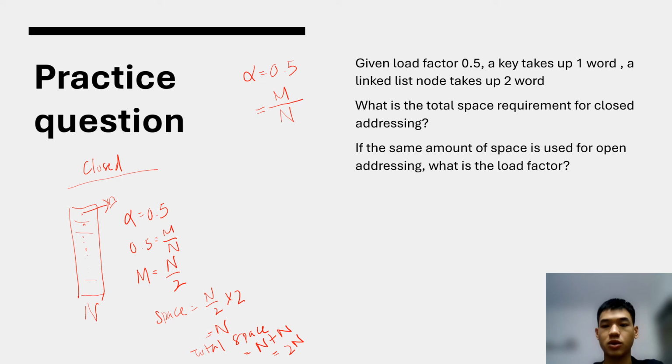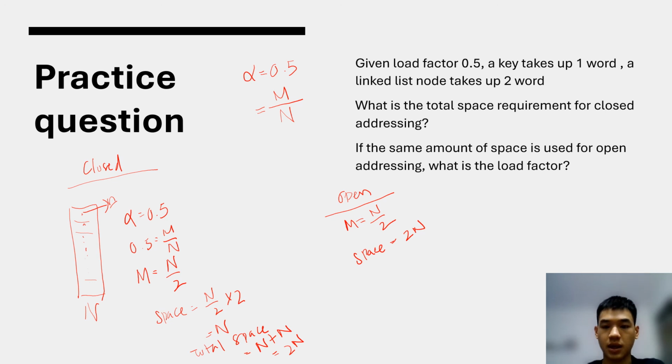Now the second question: if the same amount of space is used for open addressing, what is the load factor? I know that I have m equals n over 2, and my space is equal to 2n. Because a key takes up one word, the elements themselves in open addressing will just be n over 2.